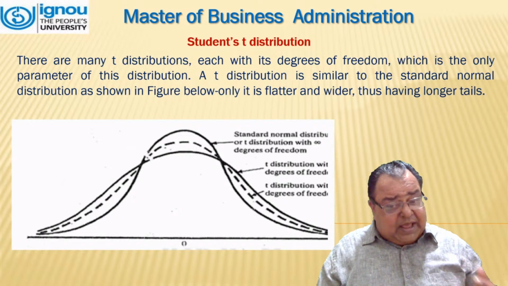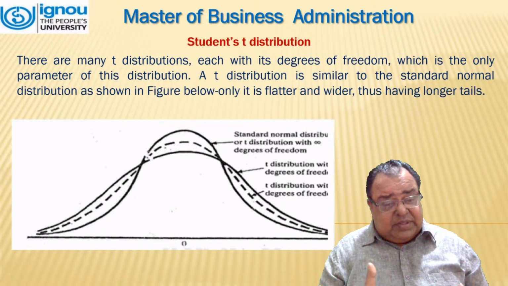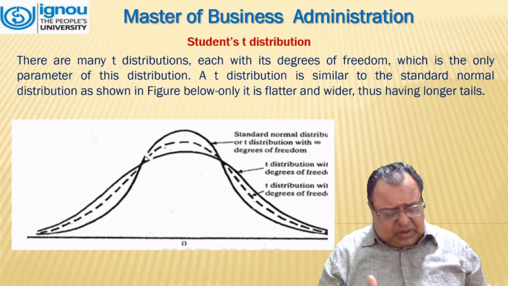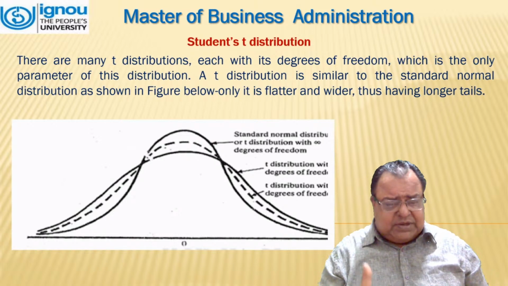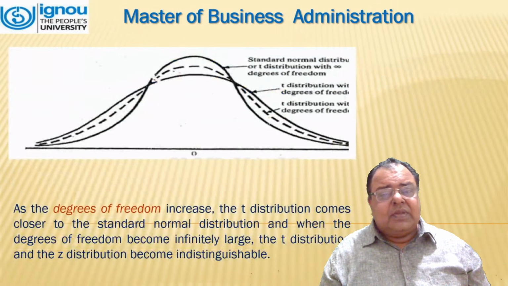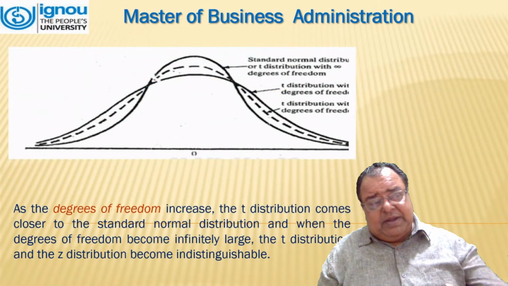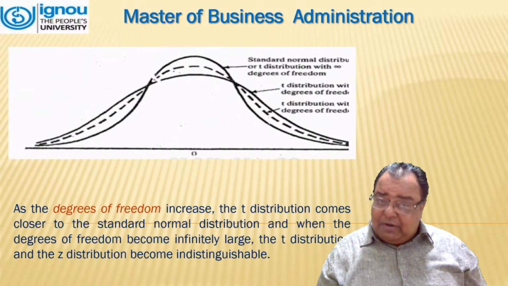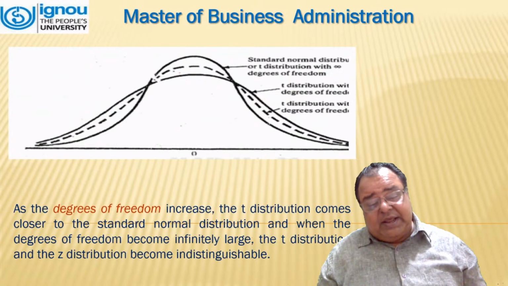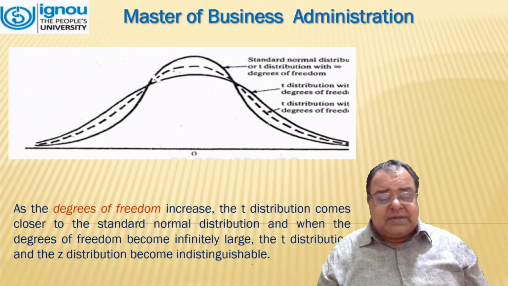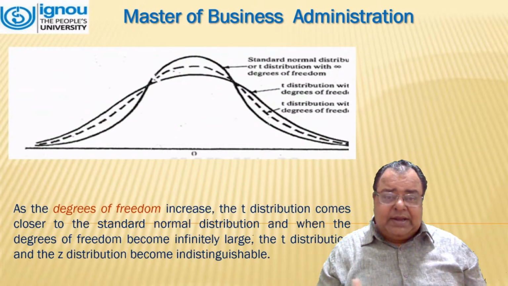If we have infinite degrees of freedom, the graph is more bell-shaped, and as the degrees of freedom reduce, it becomes flatter. As the degrees of freedom increase, the t distribution becomes closer to the standard normal distribution, and when the degrees of freedom become infinitely large, the t distribution and z distribution become indistinguishable.